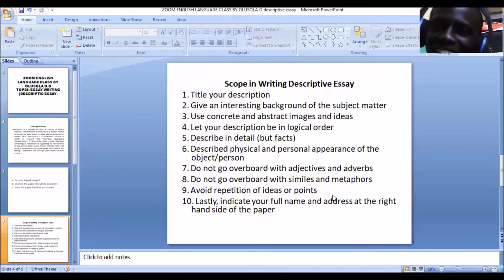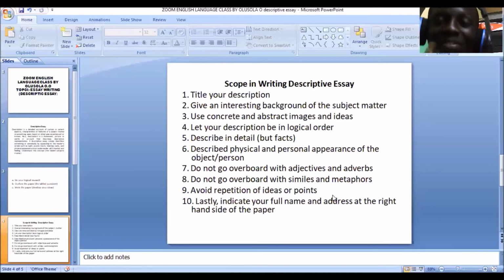Then greatly is no longer an adjectival word, but what? Adverbial word. So do not go overboard. Do not make use of this grammatical class. In essence, simple description. Don't bother yourself with grammar.